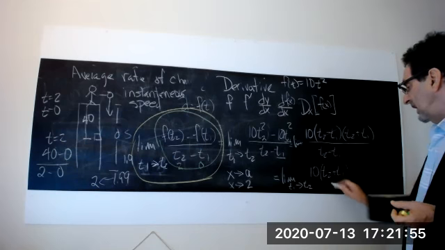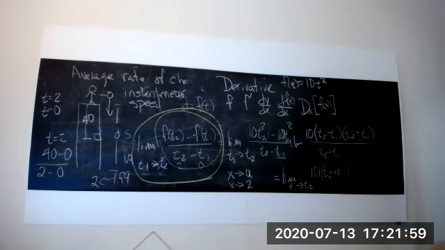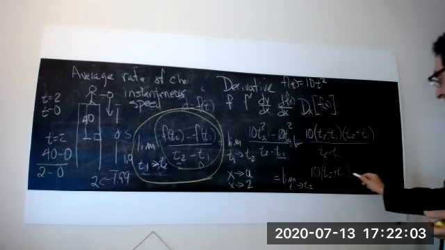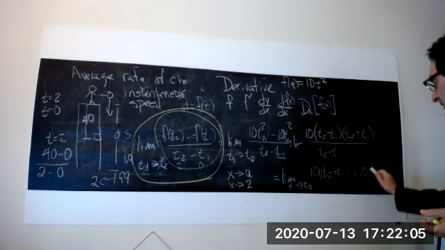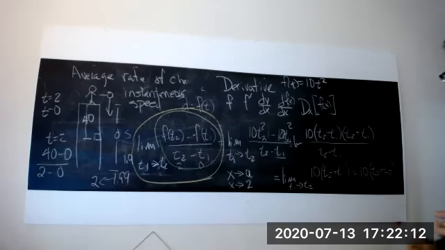And now we can replace T1, since T1 approaches T2. So now we can replace T1 with T2, and we just get 10 times T2 plus T2, or 10 times 2 times T2. Okay, so we get an answer.